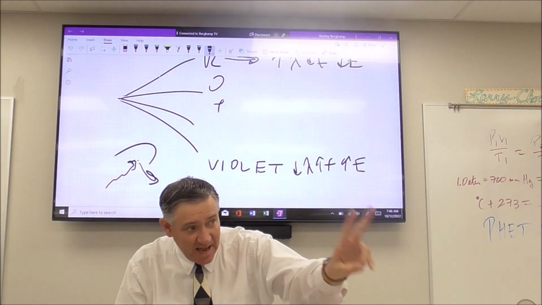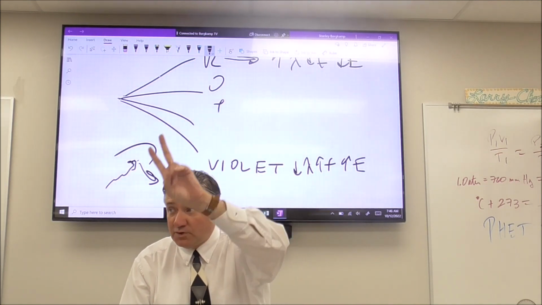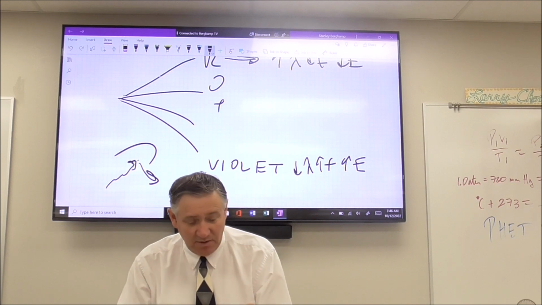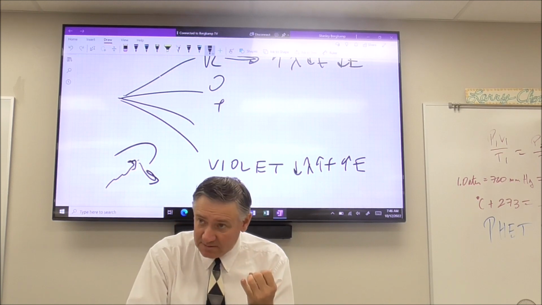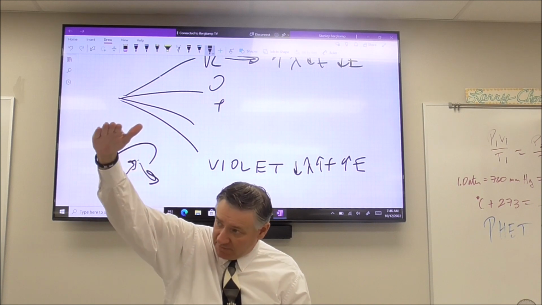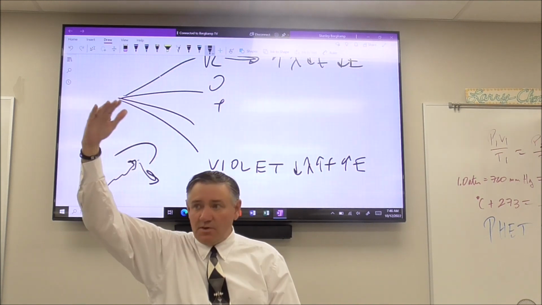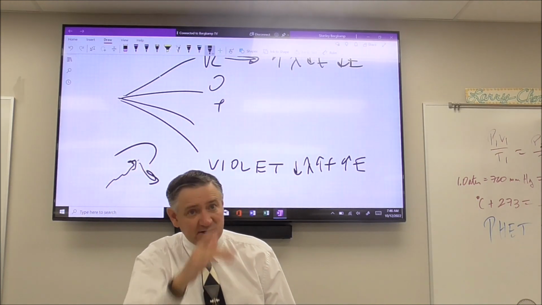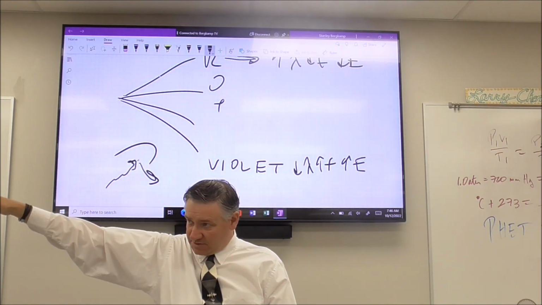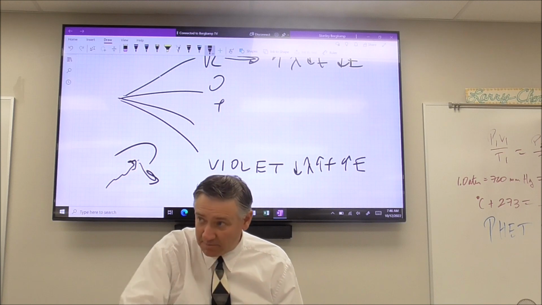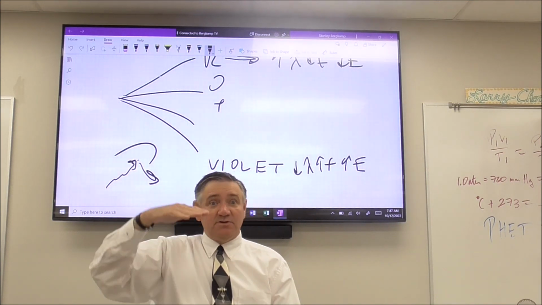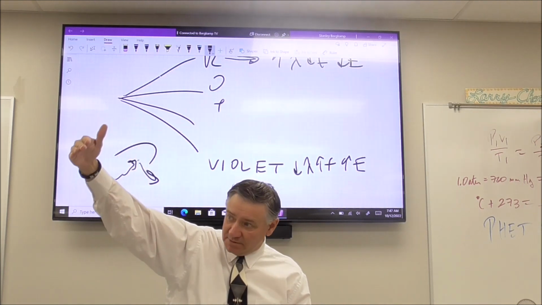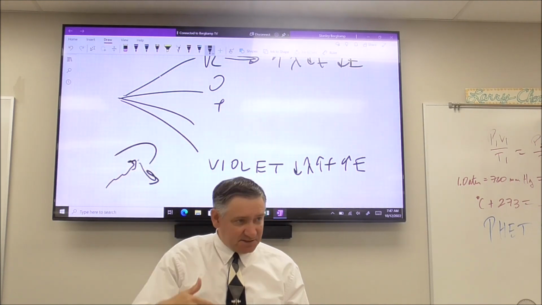The two things that have to happen for you to see light emitted from a source: you have to take electrons from their ground state and move them up into an excited state, and then they don't like it there, and they come back down. And in the process of coming back down, they're going to emit some form of energy. Okay? That's your process. I promise you. So when an electron moves from the ground state up, you absorb energy. When it comes back down, it emits energy.